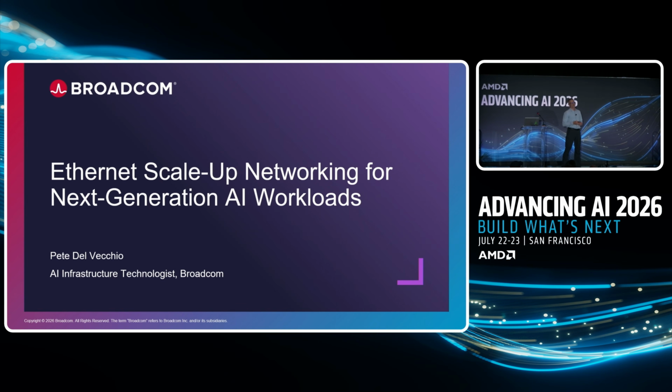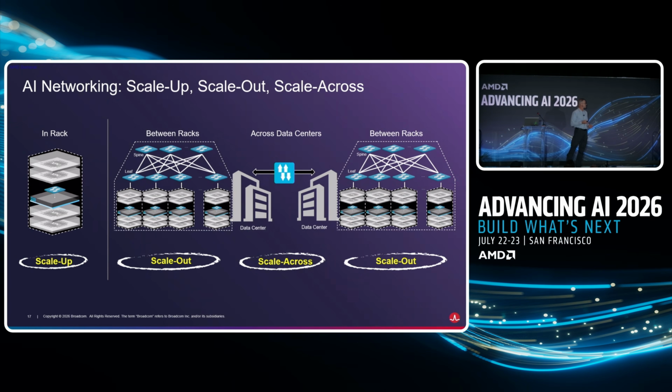My part of the talk will be on Ethernet for scale-up networking, in particular, why Ethernet was chosen, and specifically Tomahawk 6, for the Helios architecture. So before we get into the details, I wanted to make sure we're all sharing the same vocabulary. David went through some of this. Generally for AI networking, folks think of this as divided into 3 different domains: scale up, scale out, and scale across.